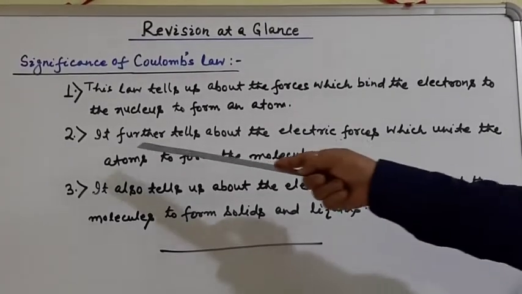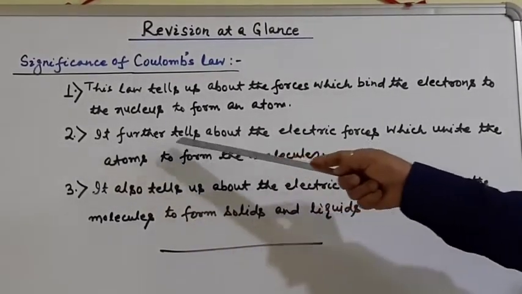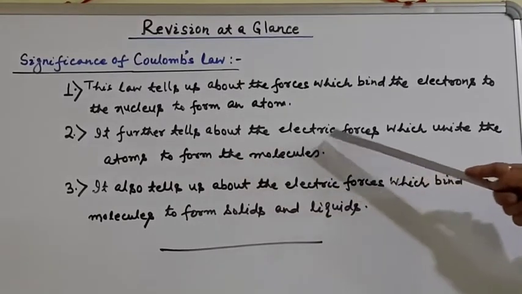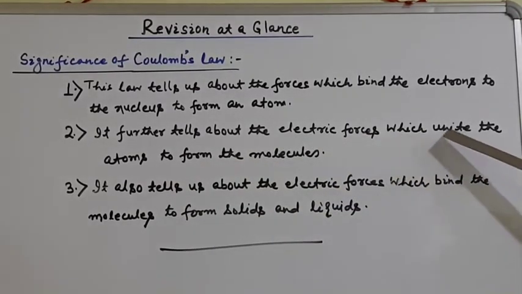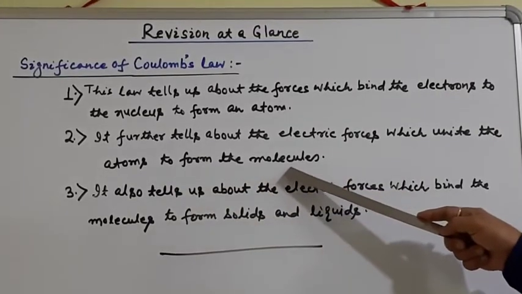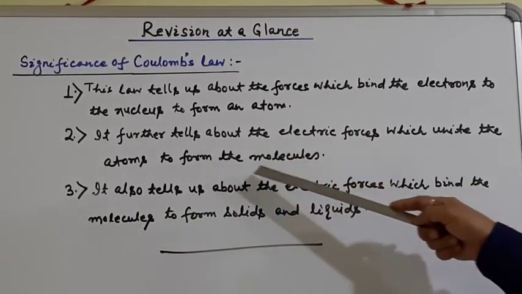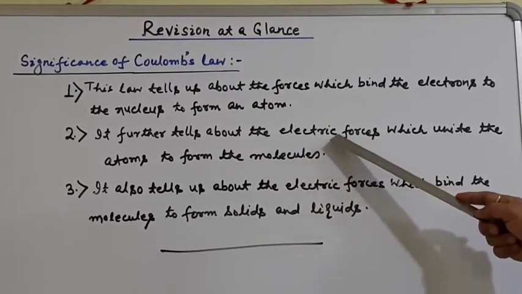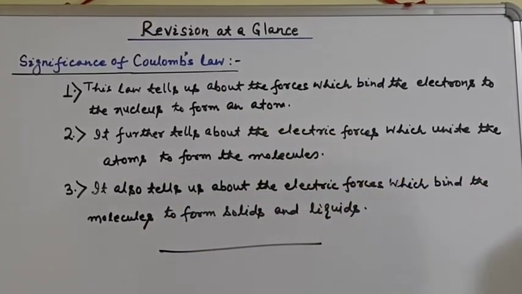Second point, it further tells about the electric forces which unite the atoms to form the molecule. It means in the formation of a molecule, this electric force helps to unite the atoms.